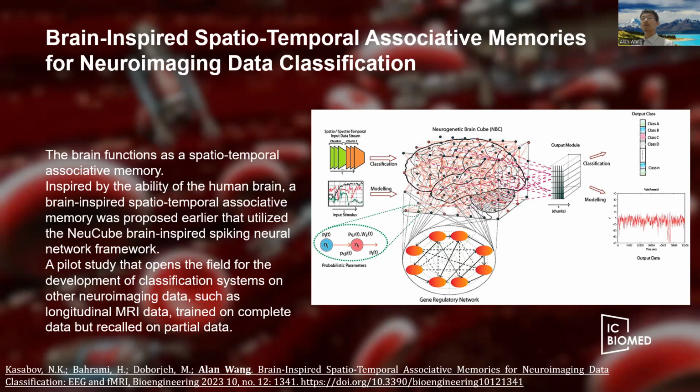The attractive part of the NeuCube brain-inspired neural network is that it can recall the result just based on partial data. So we call this brain-inspired spatial temporal associative memory for temporal neuroimaging data analysis.